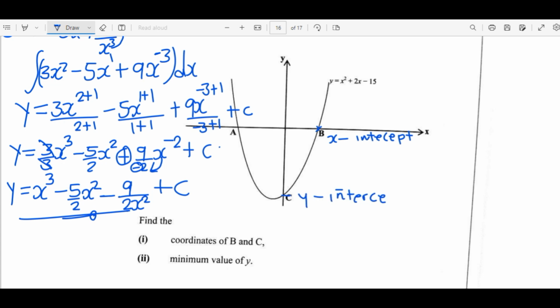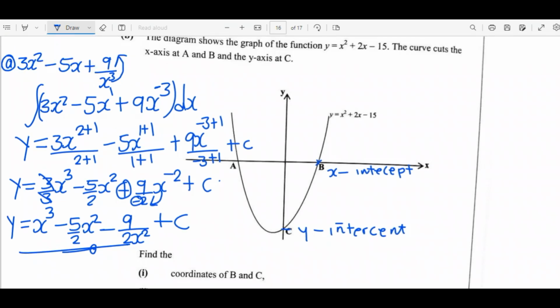So now how do you find the x-intercept? You need to solve the given quadratic equation by replacing y with 0. So let's do that. We have x squared plus 2x minus 15 is equal to 0. So we know that here we have a, b, c.